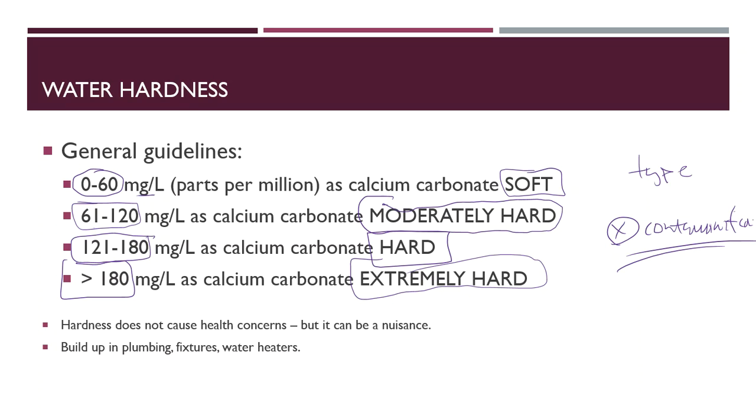We can measure it, we can report it, we can log those numbers, we can study those numbers. But if someone's water tests extremely hard from their faucet, it does not sound an alarm to the EPA, because the EPA, quite honestly, they don't care about it. It's not regulated, unlike some of these other compounds that we might find in a drinking water sample.